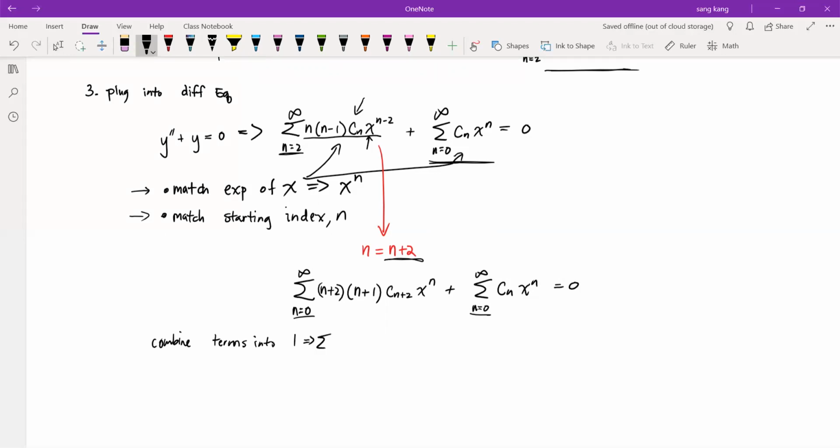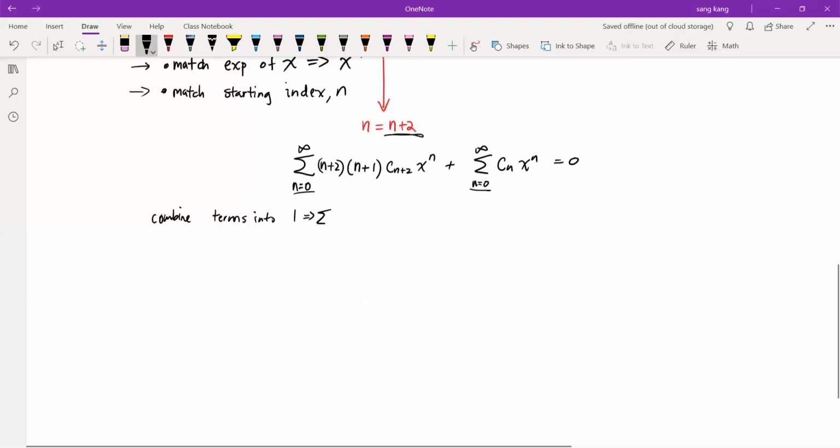We can do that since we have the same starting index and all the terms are multiplied by this common x to the n. We can keep x to the n on the outside and factor out the coefficient terms. So it'll be n plus 1, n plus 2, cn plus 2 plus cn, right?